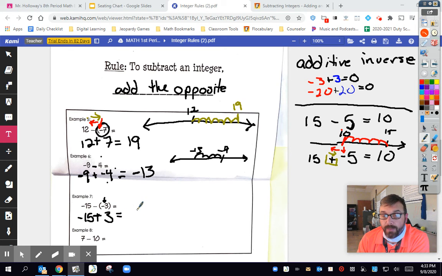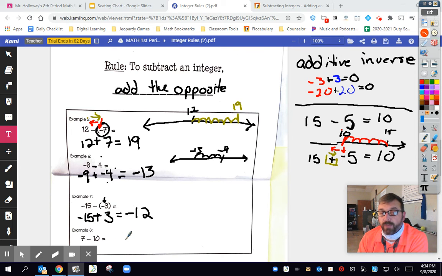Minus 3 is 12. Now, what kind of integer is it? Is it a positive integer or a negative integer? Well, my rule says I keep the sign with the greater absolute value, and that's -15. So this would be a negative. I'm not going to draw out the number line, but if you would like to draw out the number line for this or use counters, please feel free. I think we've beat it dead, though.